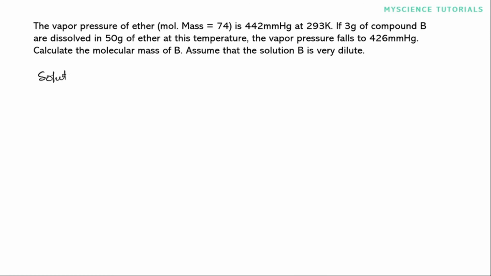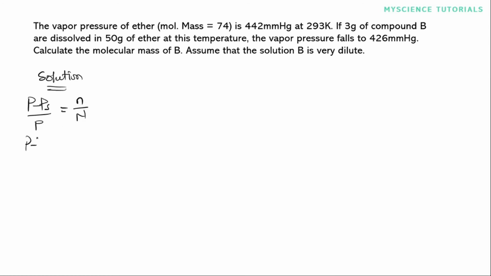So we know that for very dilute solutions, we have P minus PS on P is equal to n over capital N, because we've been told the solution is a very dilute solution. Now all we need to do is to substitute what we know for the mole of the solute and that of the solvent.